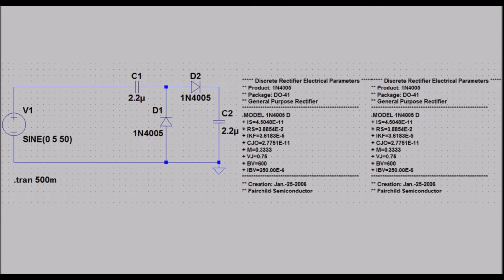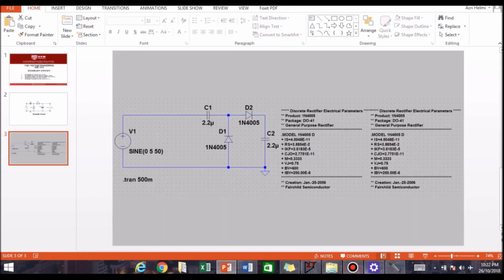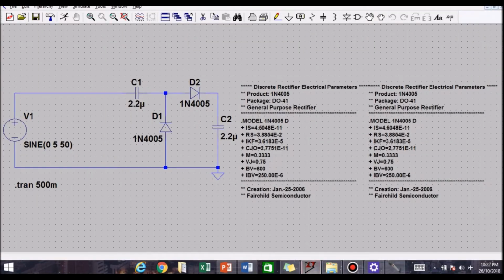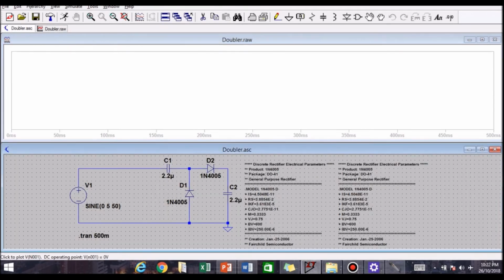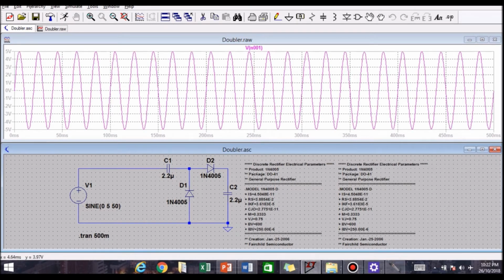Okay, I will show the simulation in LTSpice. In the simulation, I configure the circuit with a sine source, a peak voltage of 5 volts and a frequency of 50 Hz. Simulate. First, we test the value of the input signal, up to 5 volts.